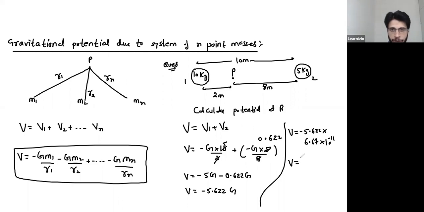So this is 5.622 into 6.67, it's 37.49, into 10 raised to the power minus 11. It's joule per kg. Always remember this thing. Joule per kg.